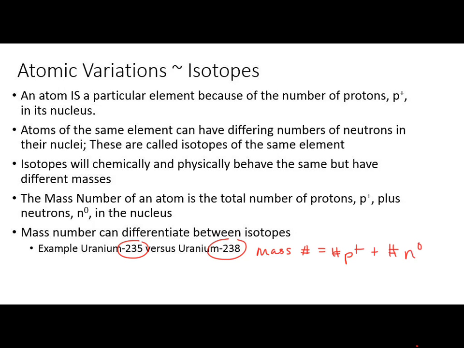The red number. Uranium is number 92, so both of these have 92 protons in their centers, but they differ by their mass numbers.